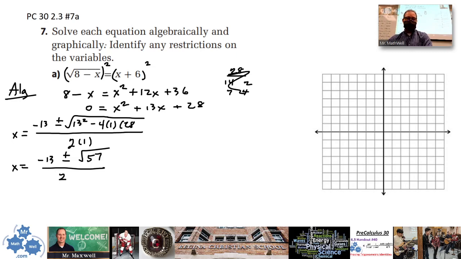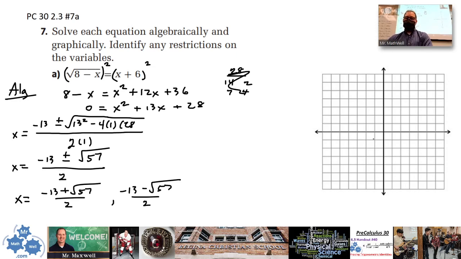Note restrictions, solve algebraically. We can write this as a decimal or as a fraction like this. So x would be negative 13 plus root 57 over 2, or negative 13 minus root 57 over 2.